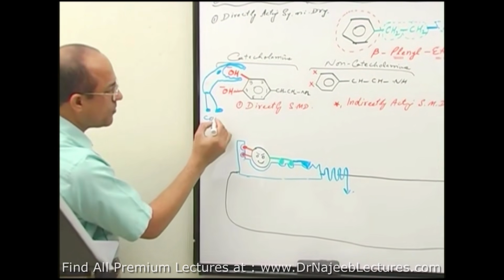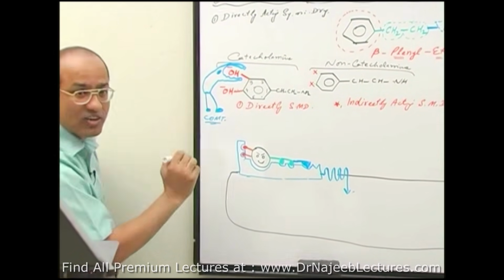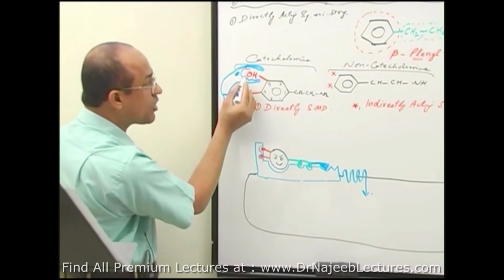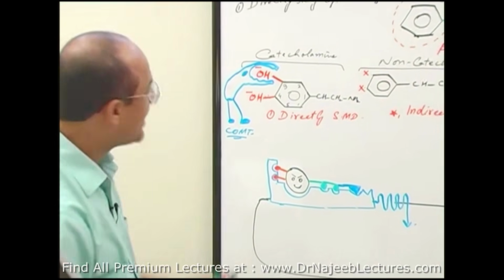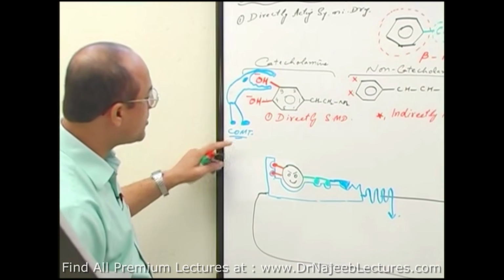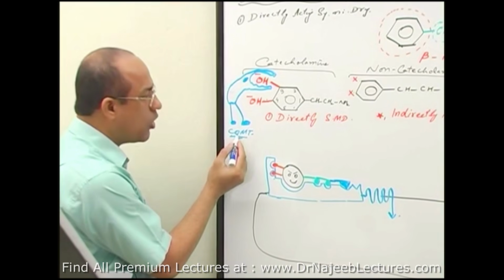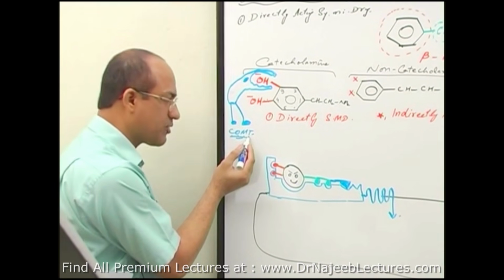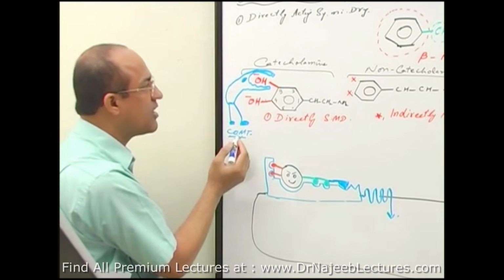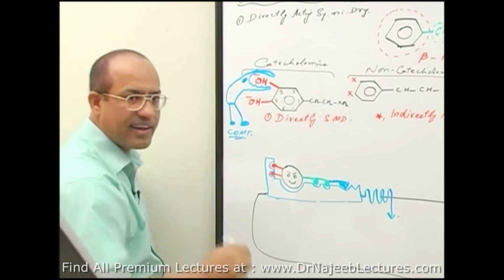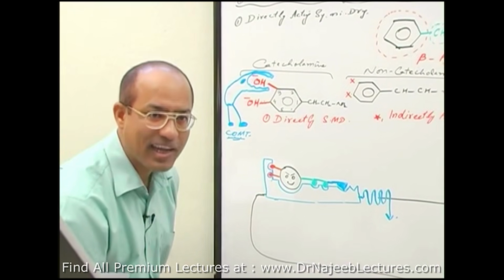COMT, catechol O methyl transferase, will remove a hydroxyl and add a methyl group. That is why this enzyme is called catechol O methyl transferase, an enzyme which attacks the catechol ring, removes the hydroxyl and adds a methyl group.